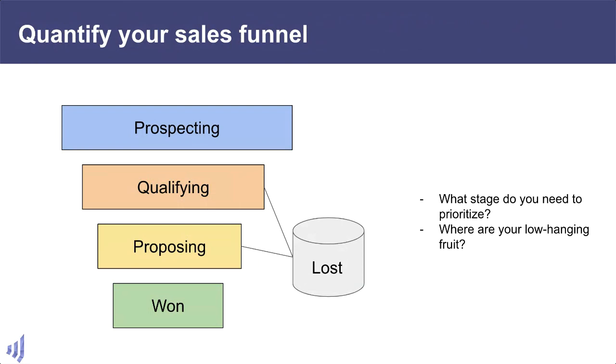For example, if you have a pretty thin pipeline at the qualifying or proposing stage and lost stage, obviously you're going to be focusing on prospecting. You're going to be focusing on net new cold accounts that you want to engage and move to the qualifying stage. And so you don't even look at the other segments. Just focus 100% of your ABM budget on driving net new accounts.